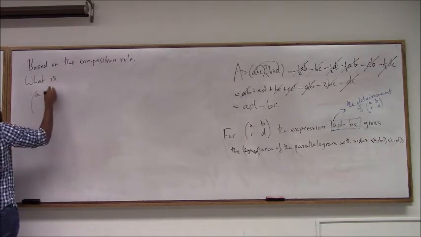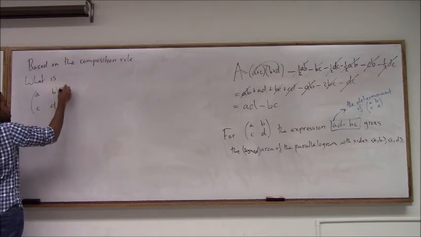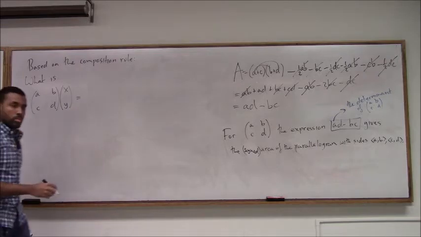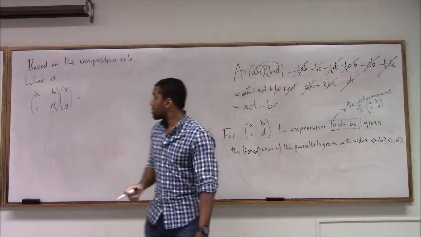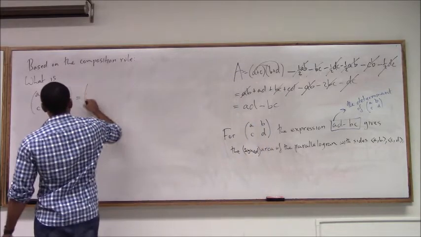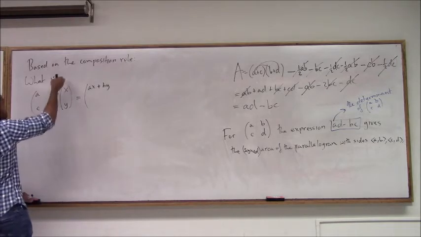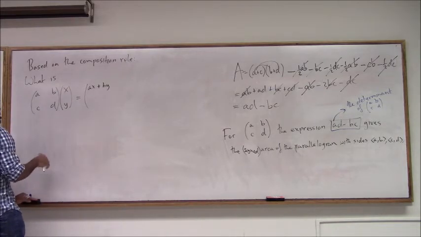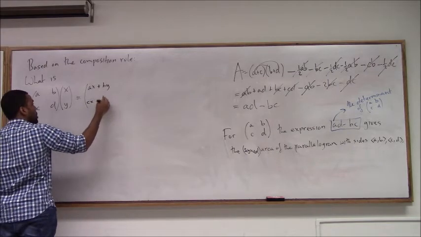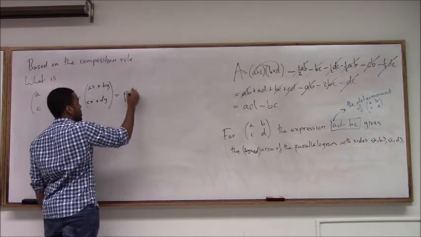If I take A, B, C, D, and I compose it with X, Y, the result would be AX plus BY, right? We did the dot product of the first row times the first column, and we exhausted that. And so this is actually CX plus DY. And what was that? That was our function P.